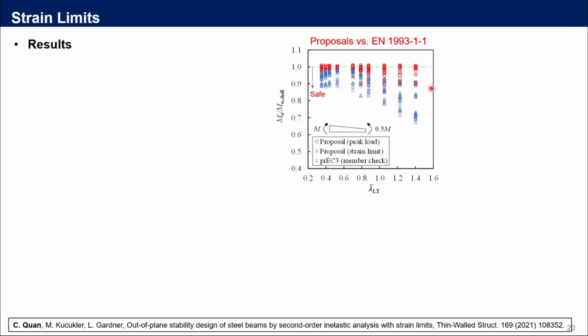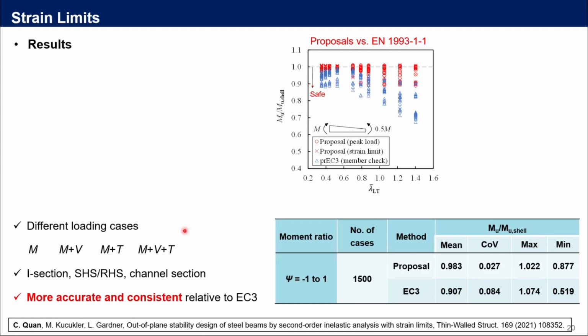So here it's obvious that the hand calculation approach sometimes is very conservative, but our advanced design method consistently provides more accurate member resistance predictions. We also looked at other loading conditions and other cross sections, and generally compared with the hand calculation approach, the proposed advanced design method provides more accurate and consistent member resistance predictions.